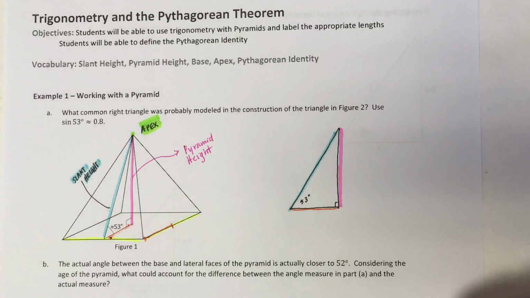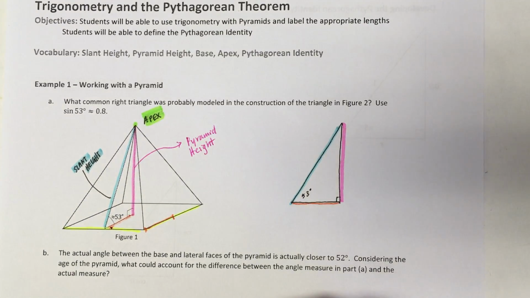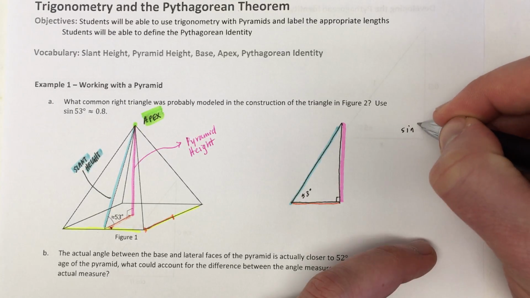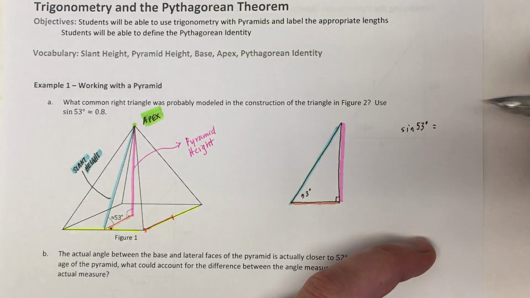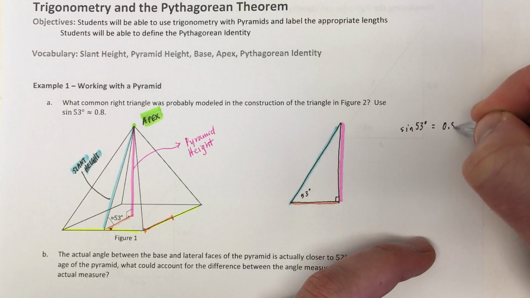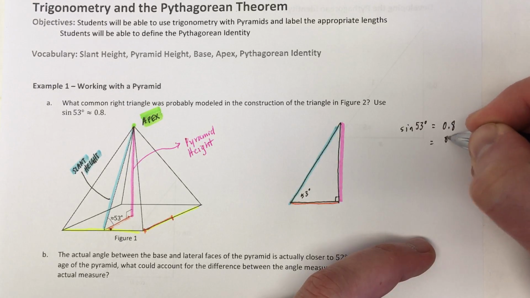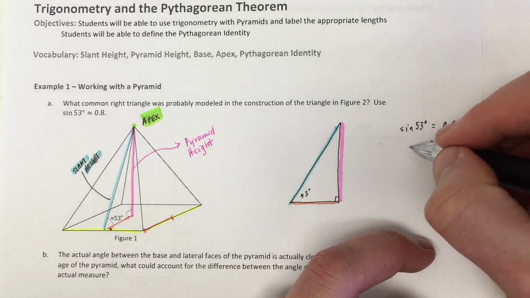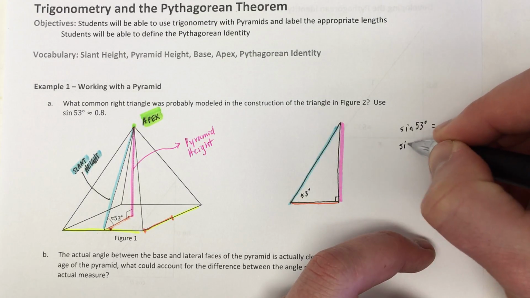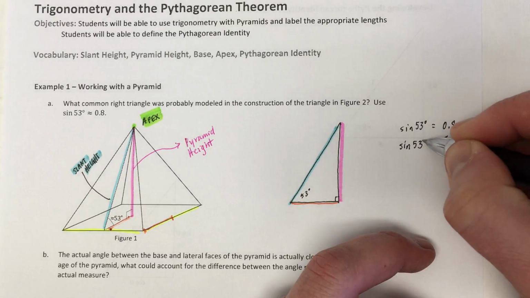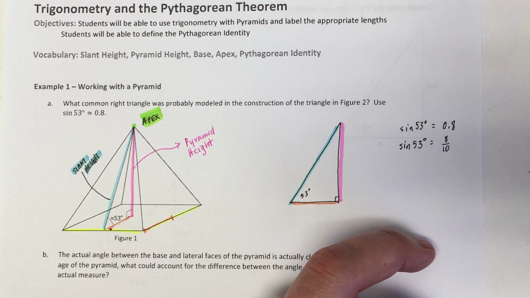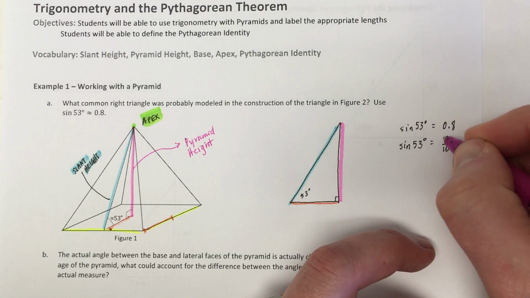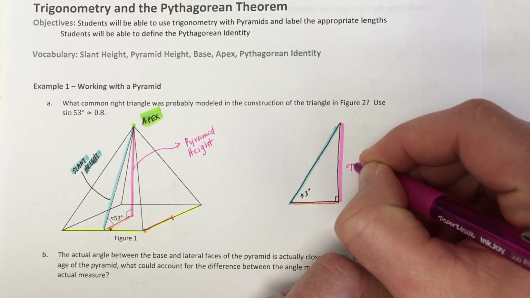All right. And so it asks us to kind of look at this. It says the sine of 53 degrees is equal to 8/10. And fraction form with trig is actually a little bit easier to work with. And then if I really think about what this is saying, the 8 is my pink number, because that's my opposite.